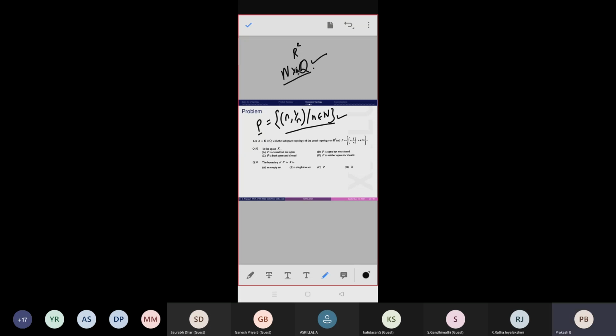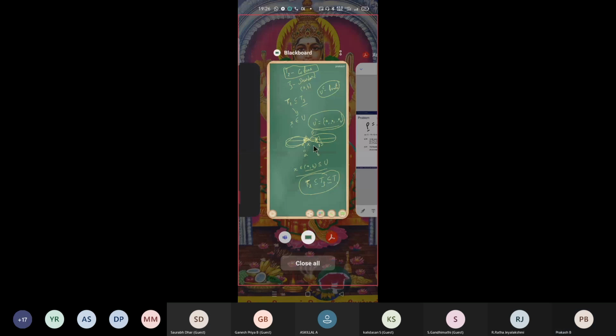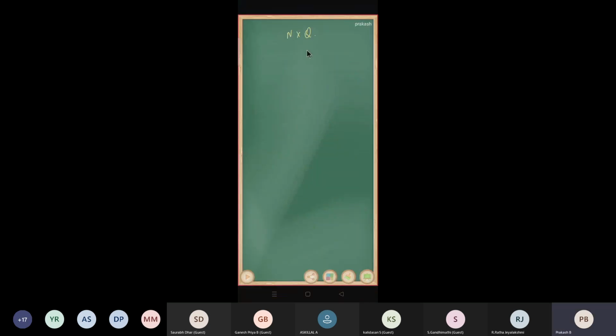So first we are going to draw the space N cross Q. So in R power 2 we want to draw the subspace N cross Q. That means 1 cross Q, that is all the elements in the line which have a y coordinate as rational, right?